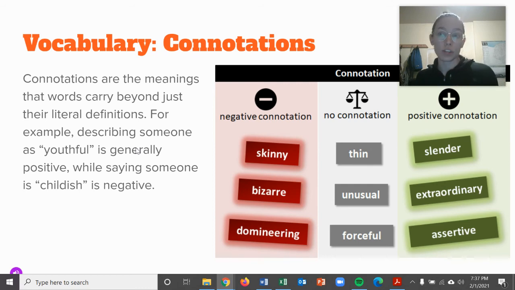You already read this chapter, so you should be familiar with what goes on in it, but it's basically just the narrator describing the Breedlove's home. So think through, how is this narrator describing this house? Is this narrator neutral, or is this narrator judging the house based on the words they're using?